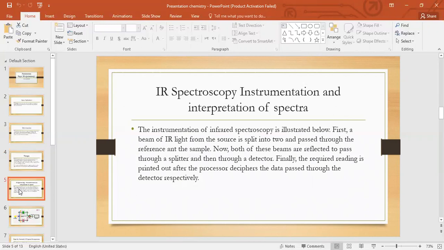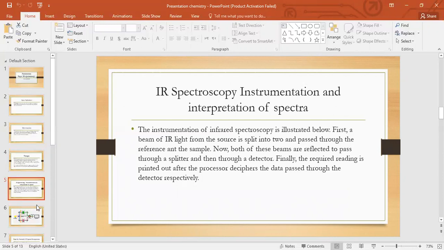I'll explain IR spectroscopy instrumentation and interpretation of spectra, means how to draw a graph of IR spectroscopy. In the instrumentation of infrared spectroscopy, first of all, a beam of IR light from the source is split into two and passed through the reference and the sample.